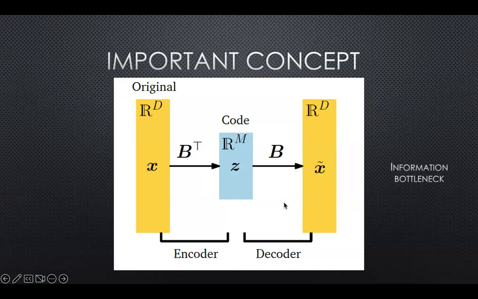There wouldn't be much difference between the original data X and the reconstructed data X hat. So that's this concept of the information bottleneck. It's a very, very important concept. I will keep coming back to that again and again. That is the underlying concept behind most, if not all, dimensionality reduction techniques.